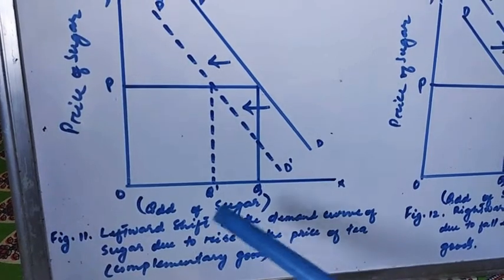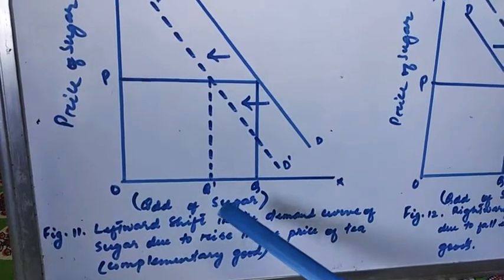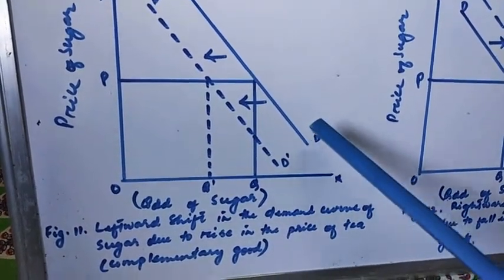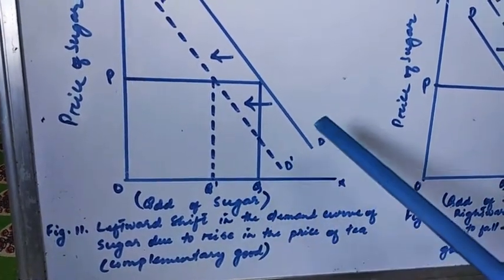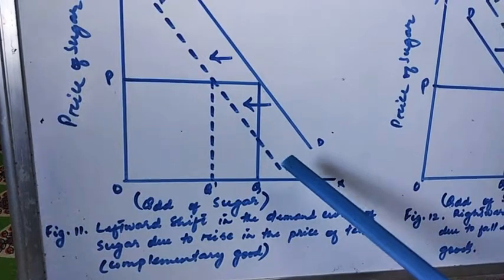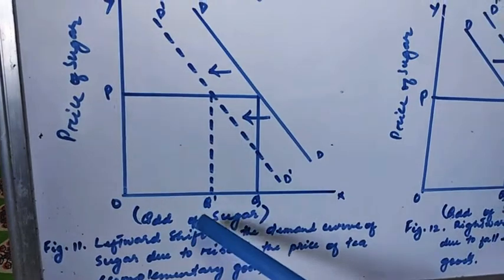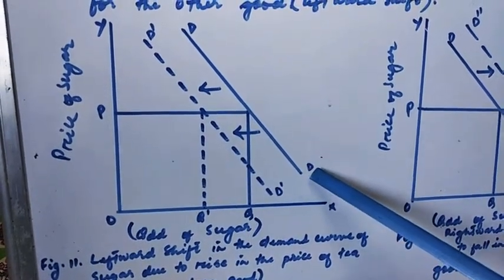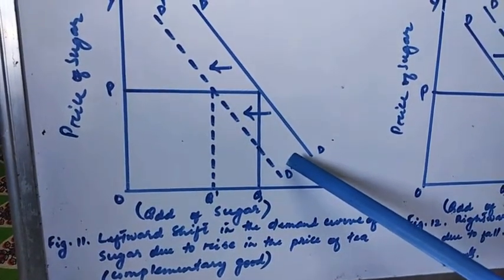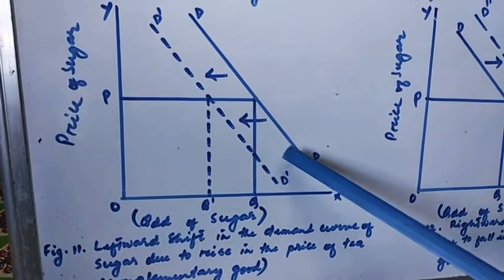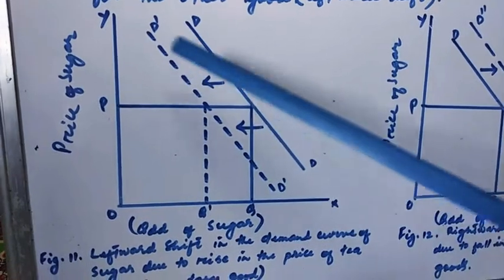So this diagram talks about the effect of a rise in the price of tea on sugar. What will the demand for sugar do when the price of tea rises? When the price of tea rises, the quantity demanded for sugar decreases. Here DD is the previous demand curve. Once the price of tea increases, the demand for sugar decreases, so the demand curve shifts from DD to D dash D dash.